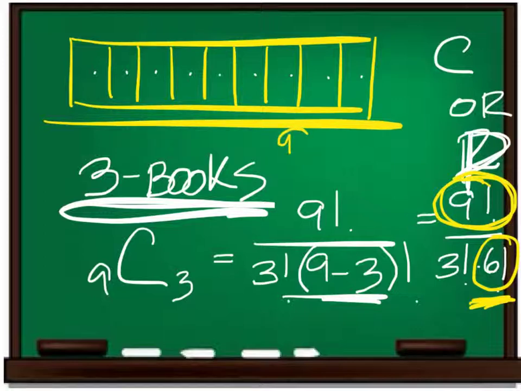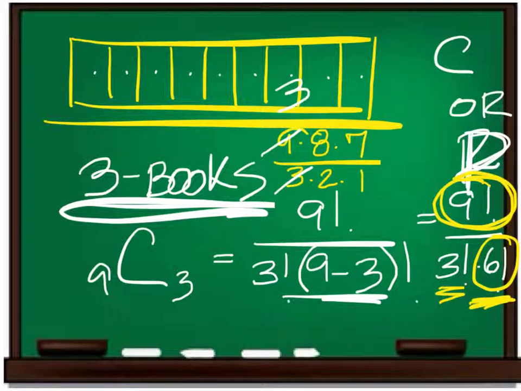Yeah, you would have 9, 8, and 7. And then don't forget on the bottom you still have 3 factorial, which is 3, 2, and 1. So your 3 can cancel out with the 9 to get 3, and 2 with the 8 to get 4. You still have a 7 left over.